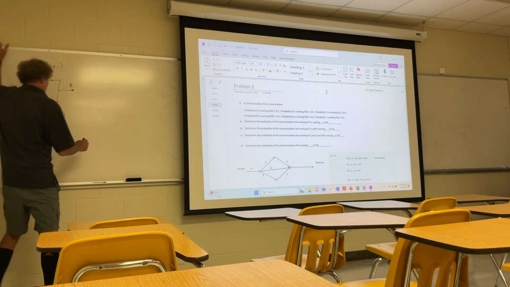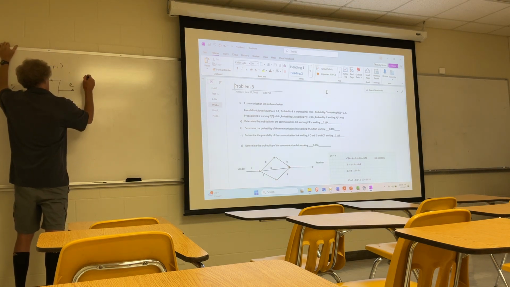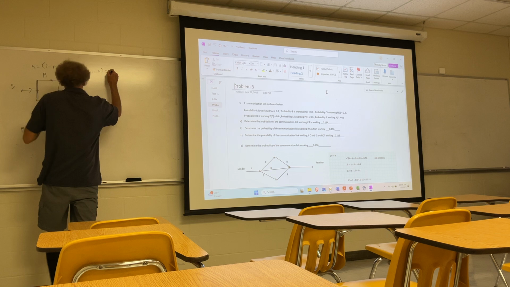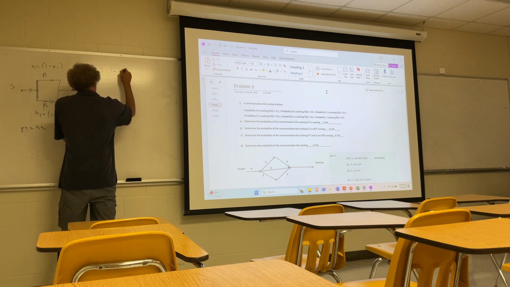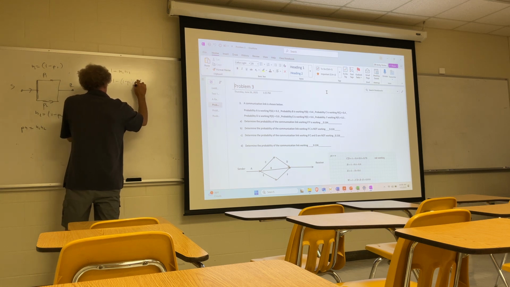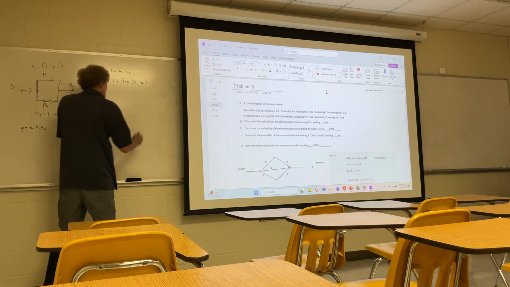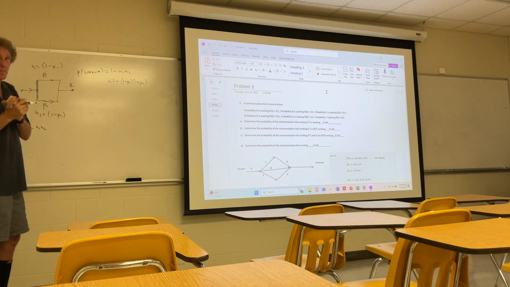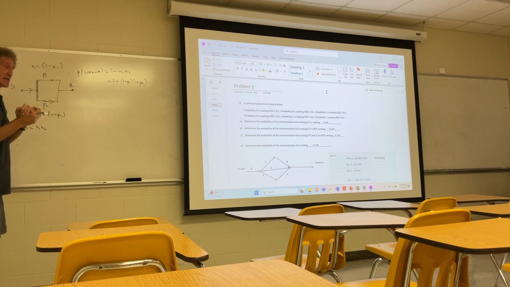So that means the probability of this operating correctly is going to be 1 minus n1 n2, which is 1 minus (1 minus P1)(1 minus P2). That should be clear. That's for parallel. With me? And we can extend that, and I will.